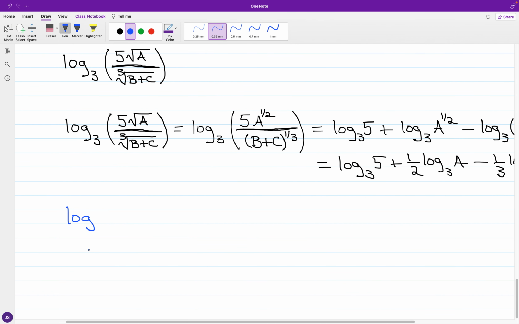Now let's say we have a base 4 logarithm, and we'll say that we have the square root of b cubed, and then all over the 4th root of x times y to the 5th.